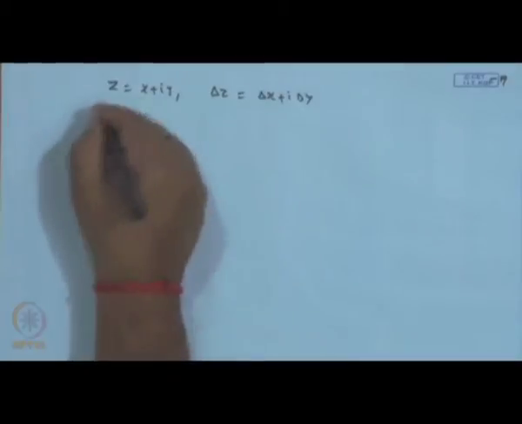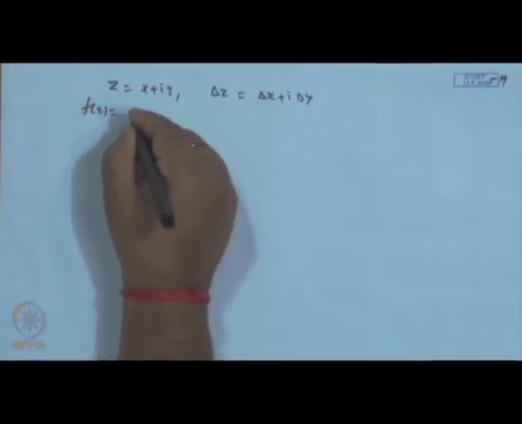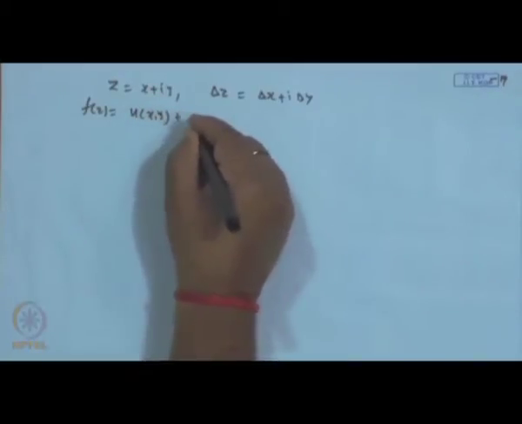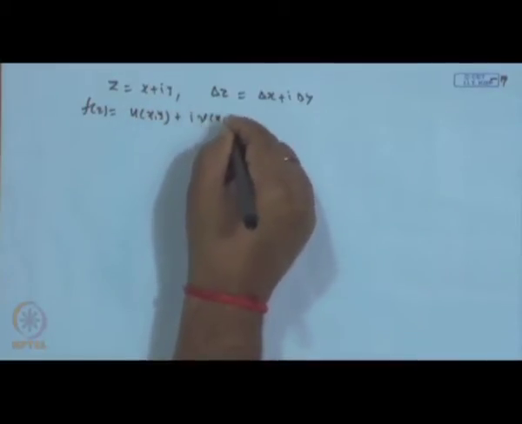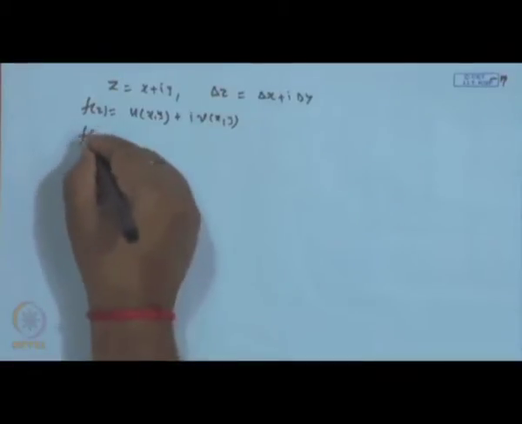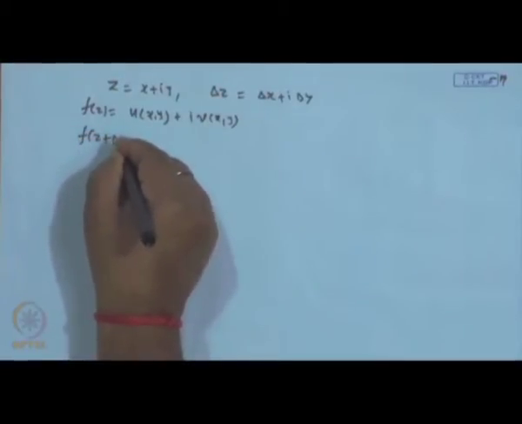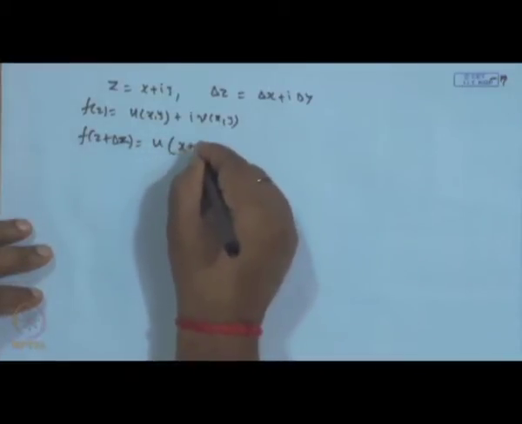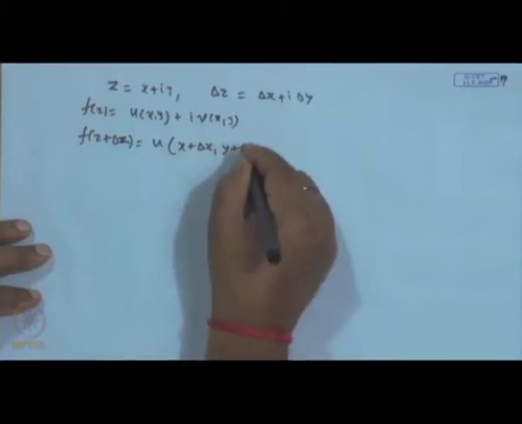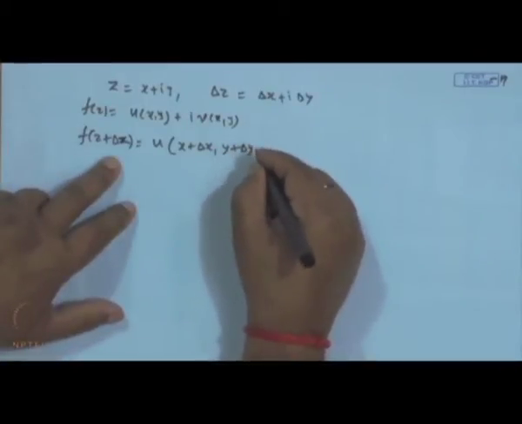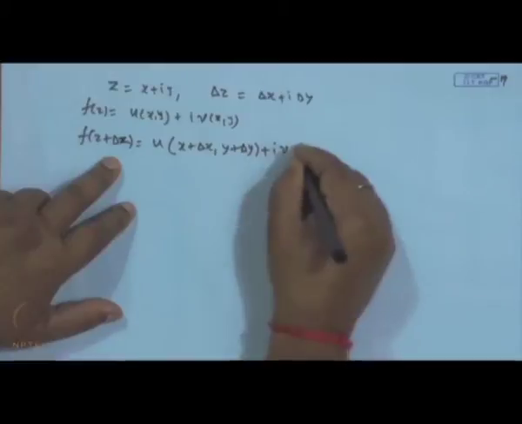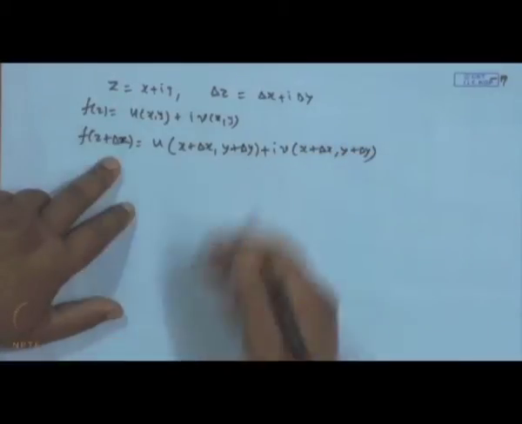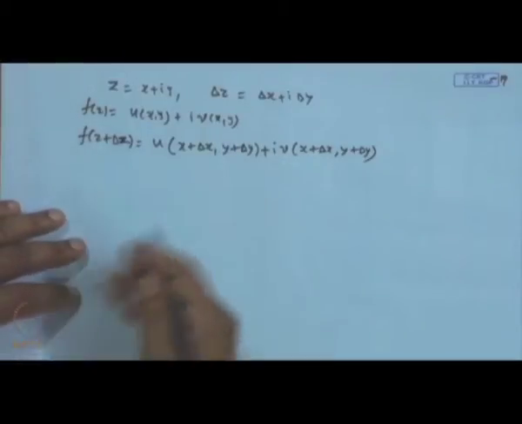So f of z is u of x, y plus i times v of x, y, and then f of z plus delta z is u of x plus delta x, y plus delta y, plus i times v of x plus delta x, y plus delta y. Now let us substitute it.